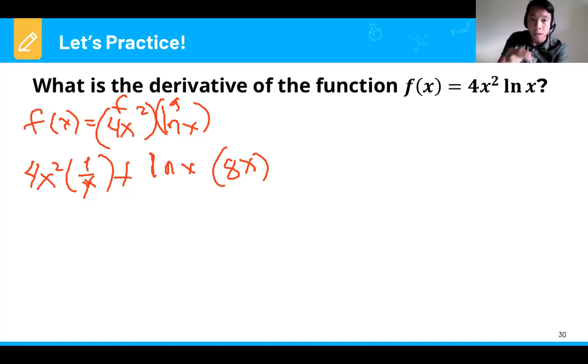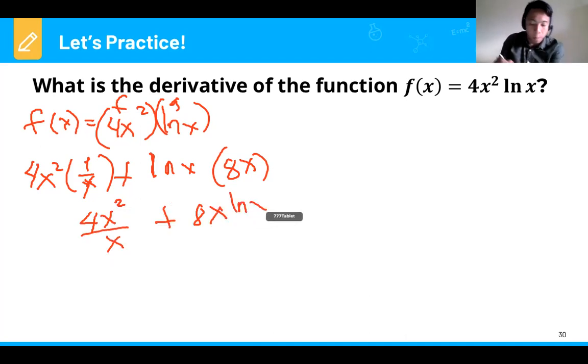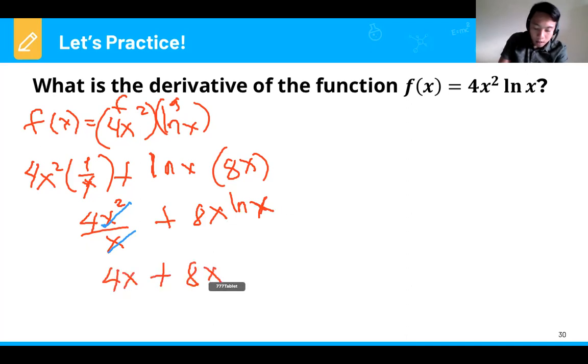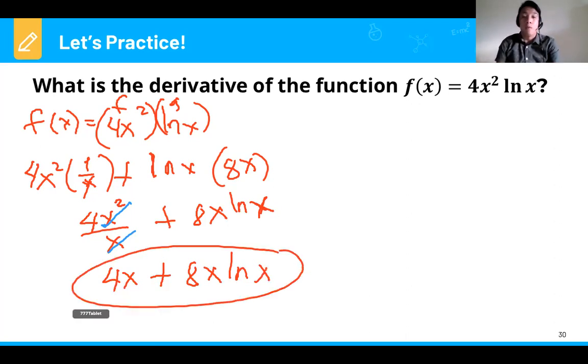Now let us simplify. It will become 4x squared over x plus 8x ln x. As you can see here, we have two terms we can cancel, x squared and x. So on top, what remains is 4x, and then we just copy the other side, 8x ln x. So this will now be our final answer.